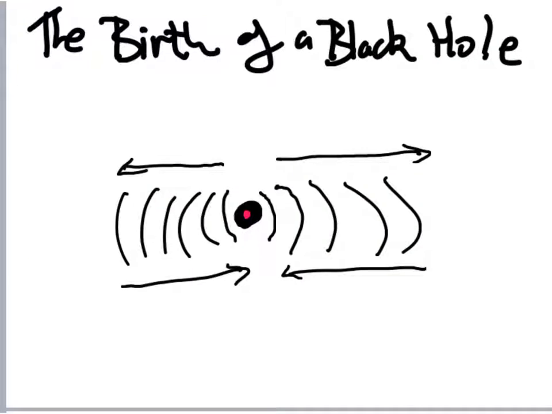Okay, one more concept and then we'll get to the meat of the idea. And that is the birth of a black hole. Basically you have this super mass here. And when I say super, I mean, let's say 1 million times the size of our sun. The way to talk about that is 1 million solar masses.